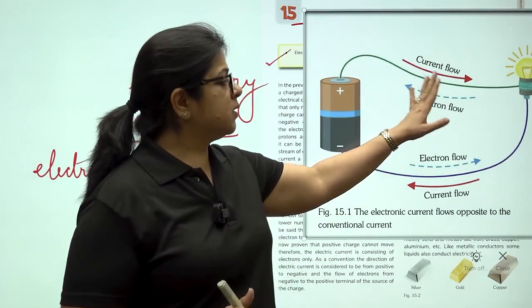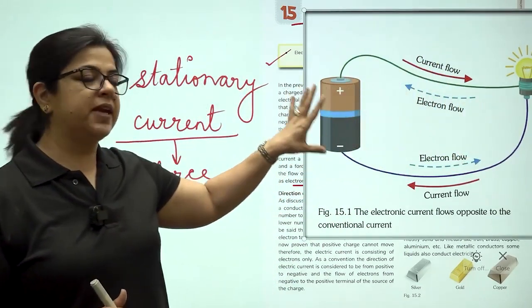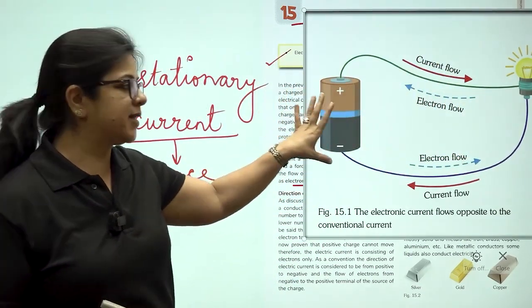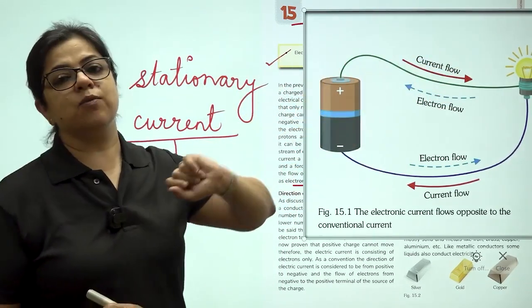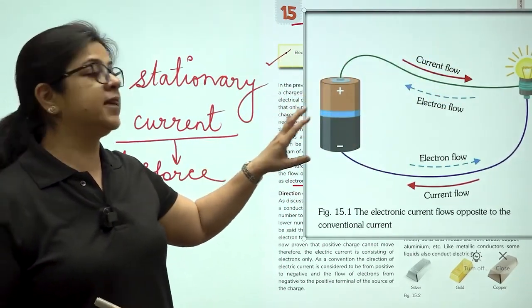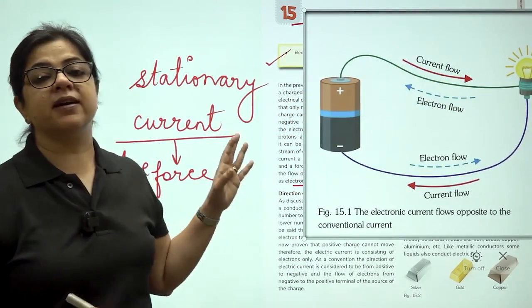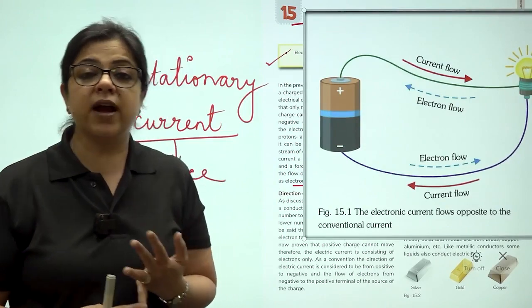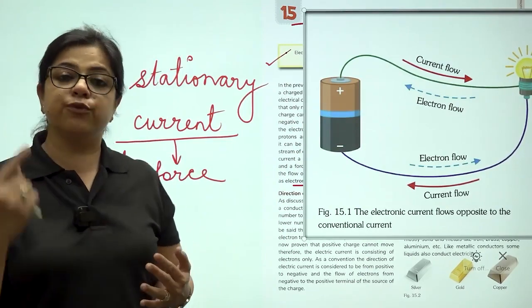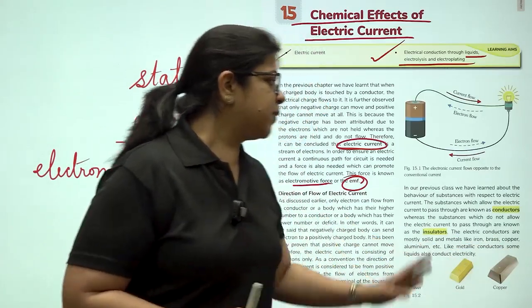Now here, this is a circuit diagram which is made using a simple dry cell and a simple bulb. In this diagram, we can see that these two things are connected by wires. These wires allow current, allow electrons, to flow through them. So what are these wires?